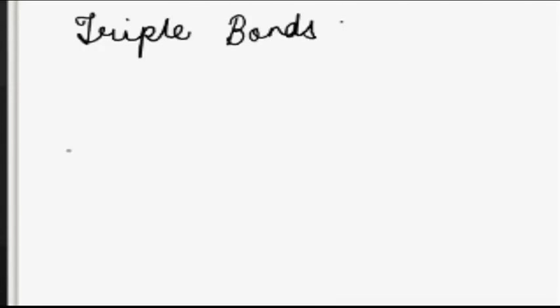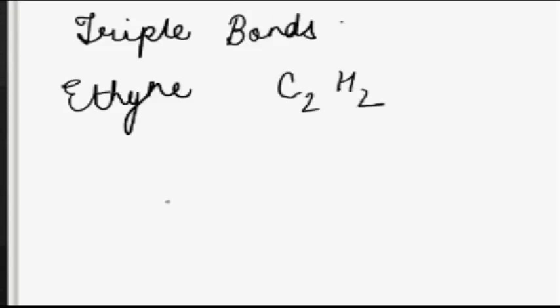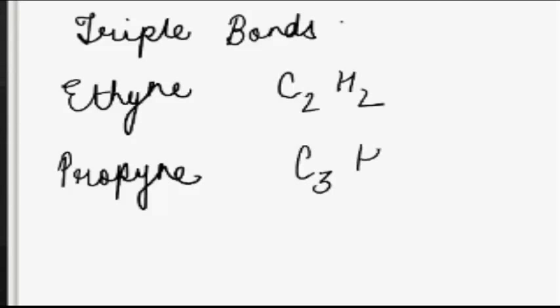The examples are ethyne, C2H2, propyne, C3H4. So these are the examples of hydrocarbons having triple bonds.